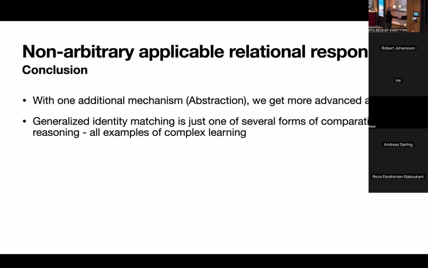So I think this also stresses how with only one additional mechanism we get much more advanced abilities in the system. And all the examples that Patrick showed, the comparative reasoning, in a way there are some other, let's call it, mechanisms involved, but on a complexity level it is around this level.